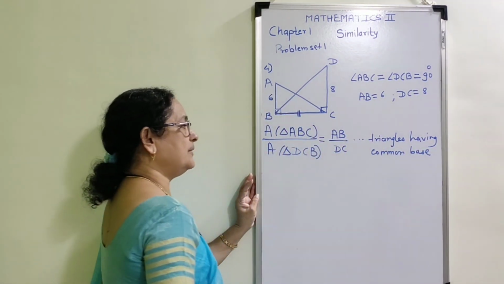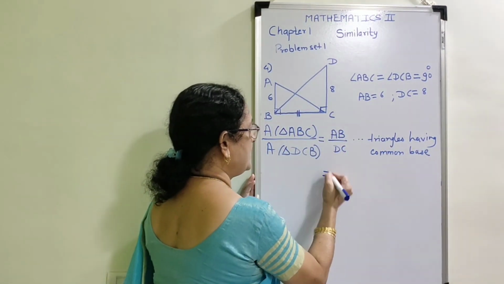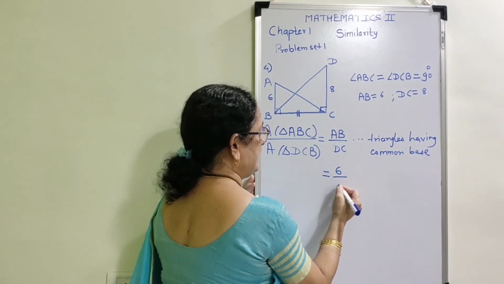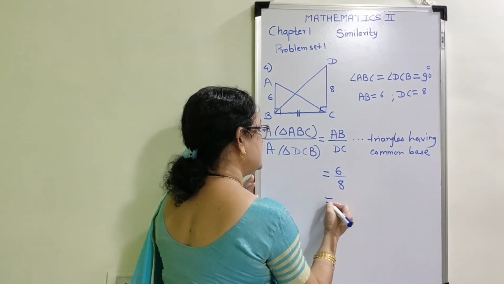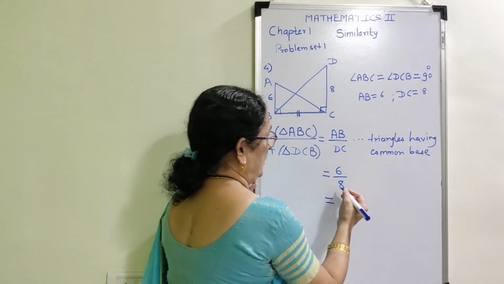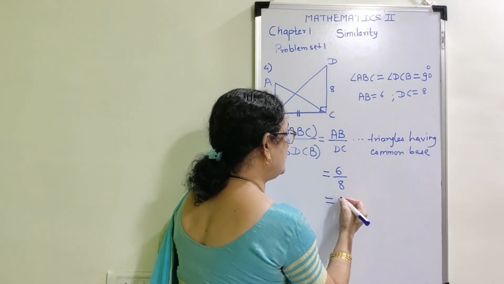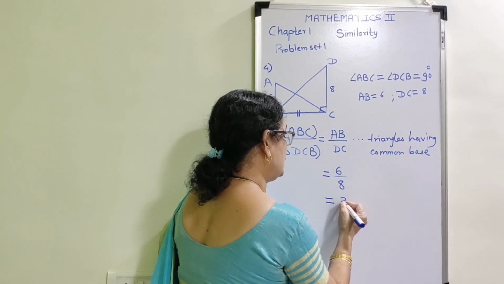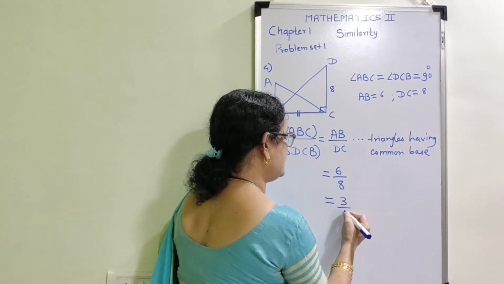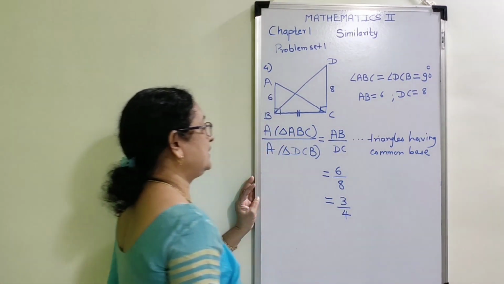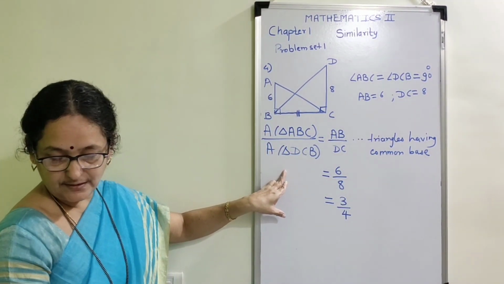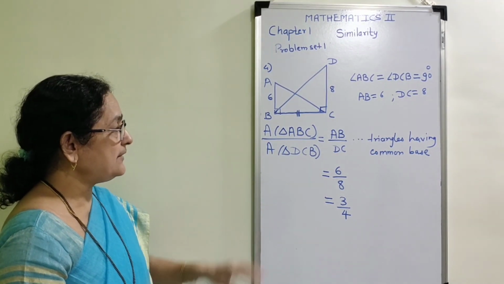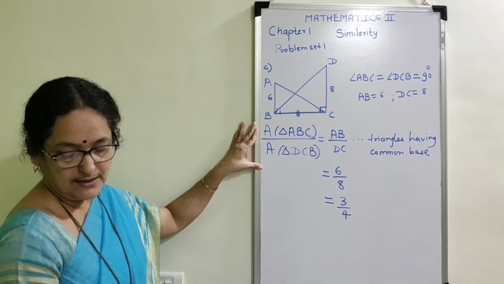Base BC is the common base, no need to write the name of the base. Now I am having value length of AB is 6 and length of DC is 8. Simplified. 2 3s are 6 and 2 4s are 8. Now therefore my final answer of the given ratio is 3:4. This is the simplified form of the given answer.